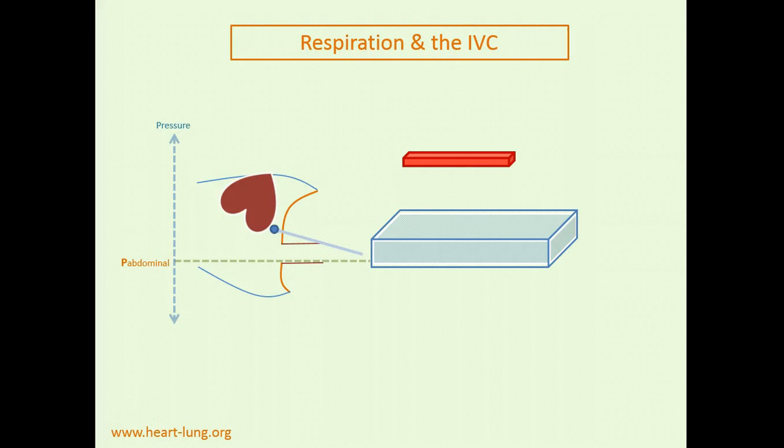And so that dose of volume is also going to affect how high the right atrial pressure, how high the intrathoracic pressure rises in response to a mechanical ventilation. And that would change if the volume dialed into the ventilator was less or more.